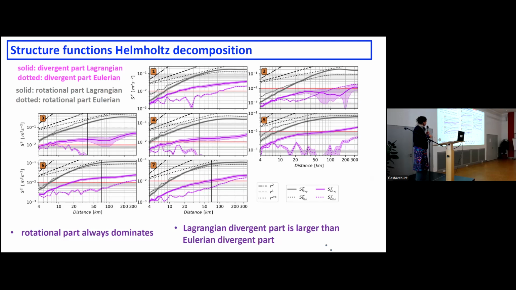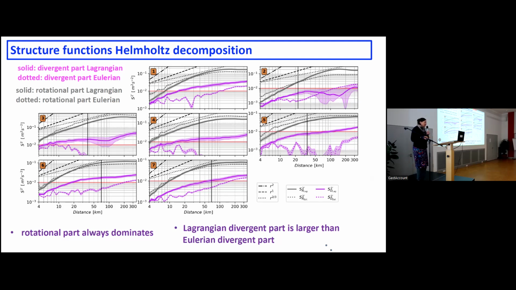The divergent part becomes a little bit larger compared to the rotational part for smaller scales. But you can also see that the divergent part for the Lagrangian structure function is always much larger than the divergent part of the Eulerian structure function. Particularly for these Gulf Stream boxes, the divergent part goes to pretty much zero for the Eulerian part.